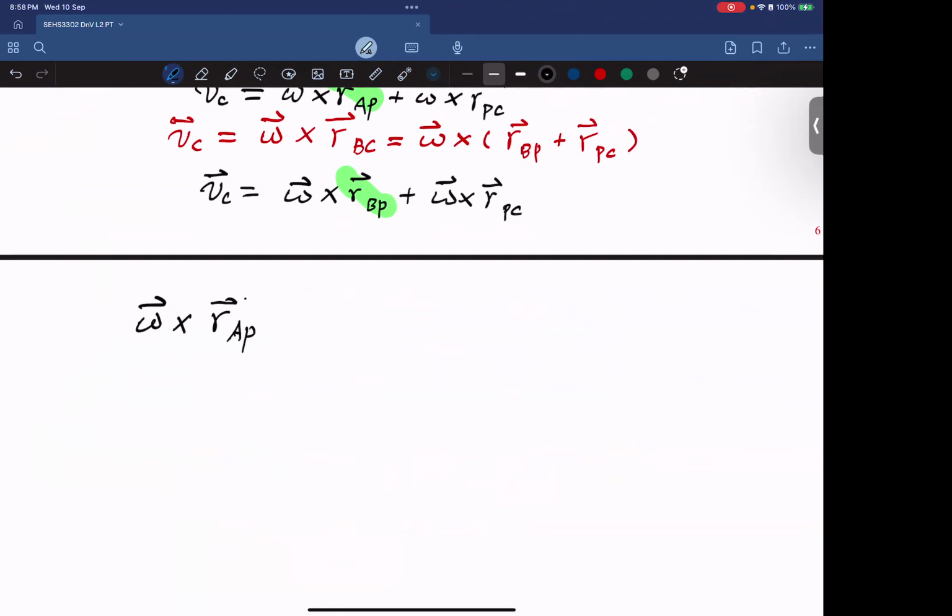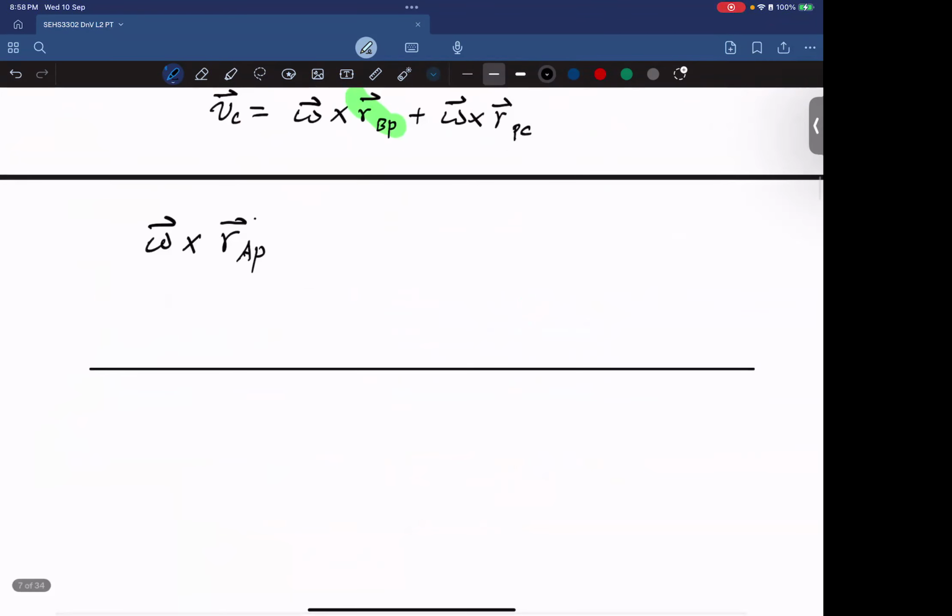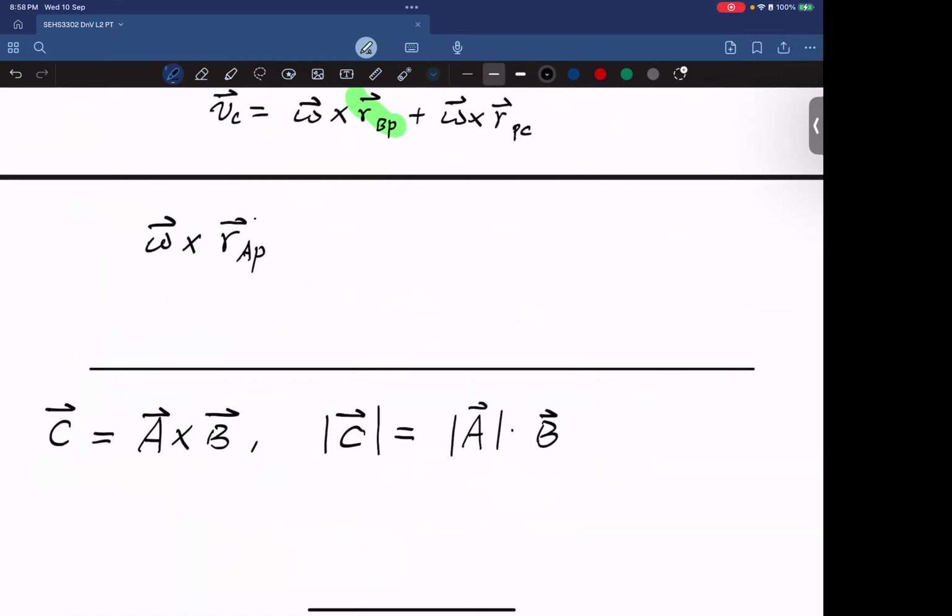We need to know, for two vectors A and B, if we do the cross product, we can get another vector called C. No problem, right? By definition, the magnitude of C is A's magnitude times B's magnitude times sine theta.